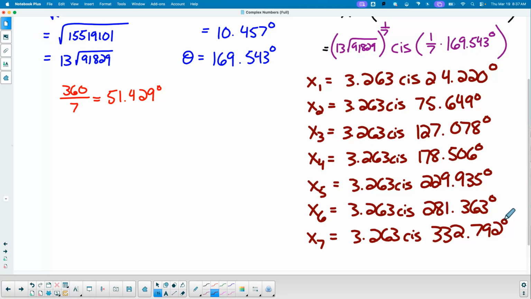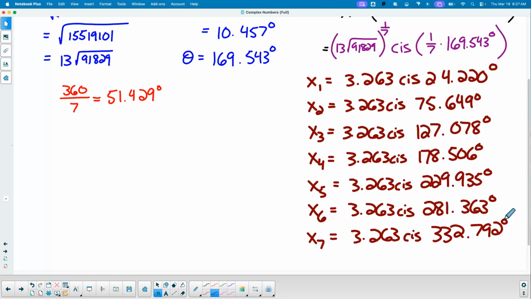And then if I went one more, I would be over. I'd be at 384.220 degrees, which is over, so I subtract off 360, and it puts me at 24.220 degrees. Okay.